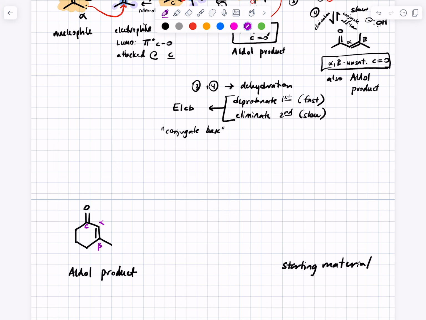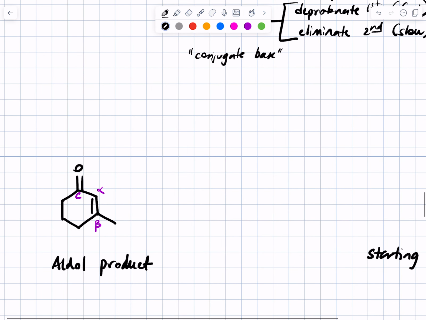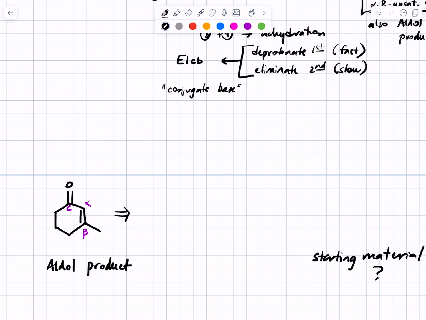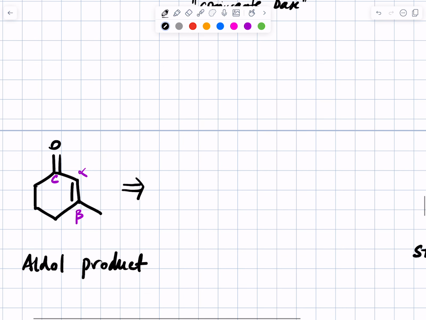Actually, let's think through this just one step at a time, thinking backwards through the aldol mechanism. I'm going to use a retrosynthetic arrow to do this. What is the immediate precursor to this alpha-beta unsaturated carbonyl compound? What was the molecule that immediately preceded it?